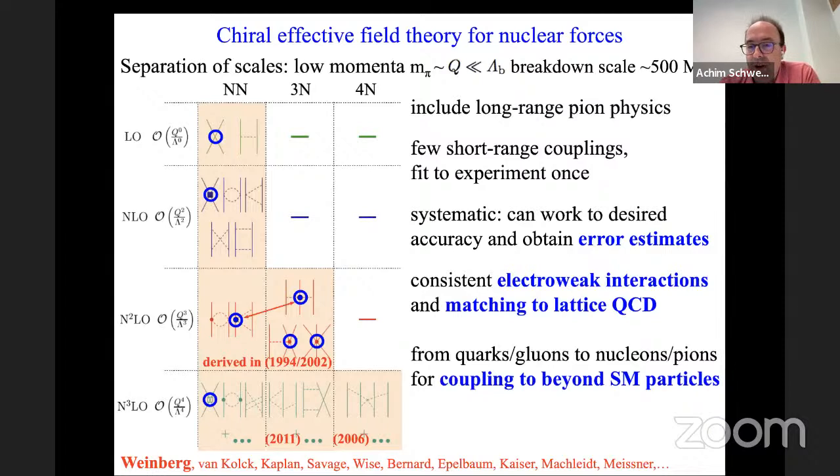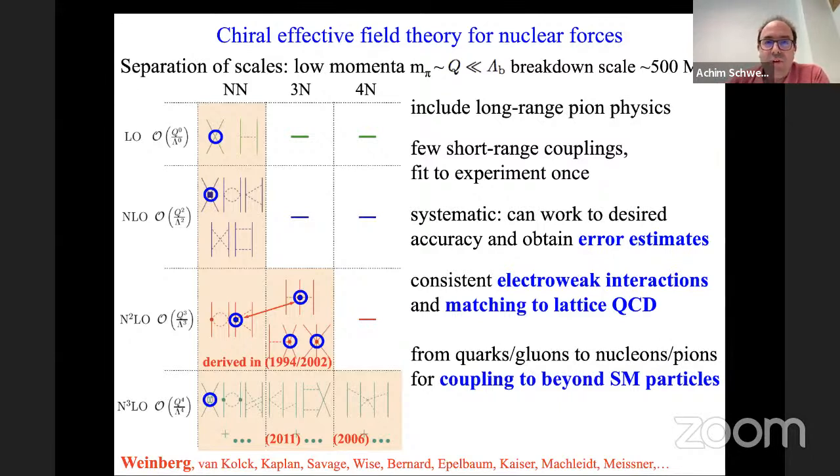We can obtain error estimates. And what's really important for this talk, we know how to couple in electroweak interactions. We in principle know how to match to lattice QCD. If we had a real BSM theory that would be valid at the quark and gluon level, we could do that. And so we know how to couple in WIMPs or any other particles, going basically from quarks and gluons to nucleons and pions.